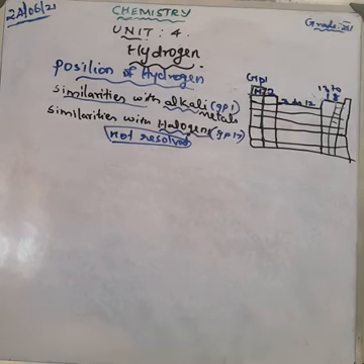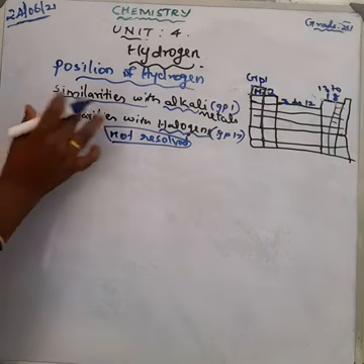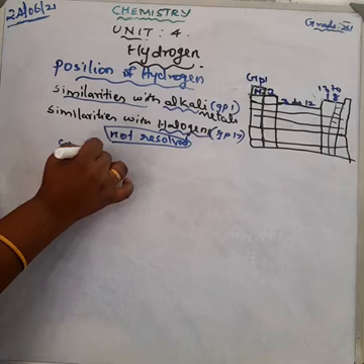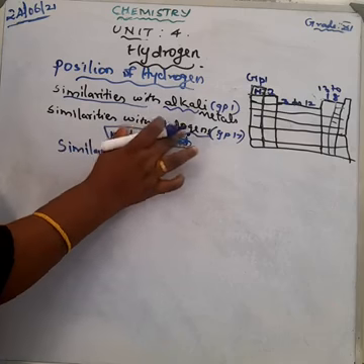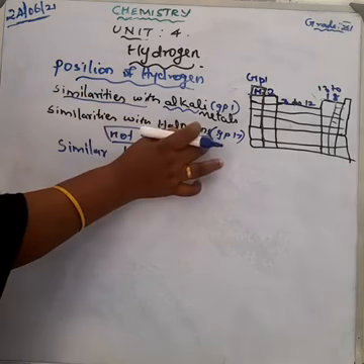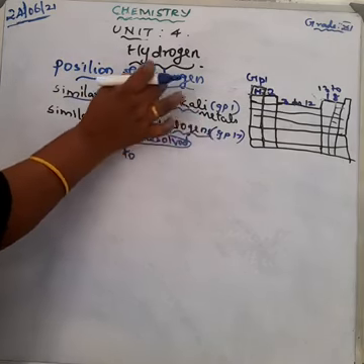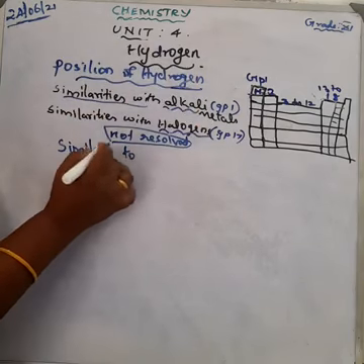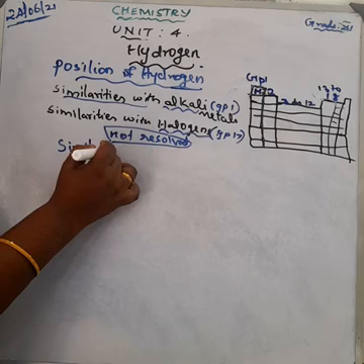Now we are going to study how the hydrogen atom is similar to alkali metals and how it is similar to halogens, and what the dissimilarities are between hydrogen and the alkali metals and halogens. First, what are the similarities?